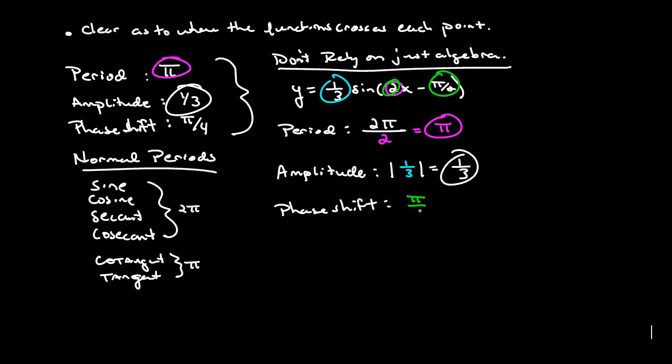So pi over 2 divided by 2, that's the same as pi over 2 multiplied by 1/2, which is pi over 4. So we get the same number there.